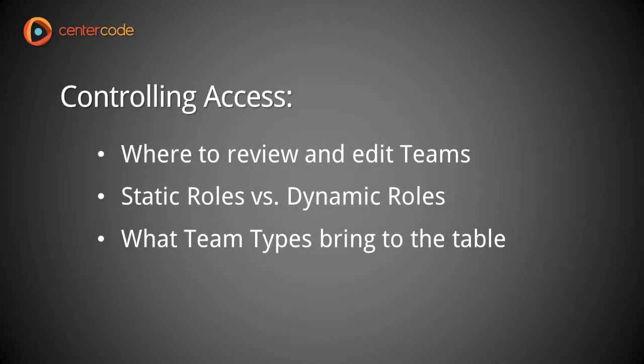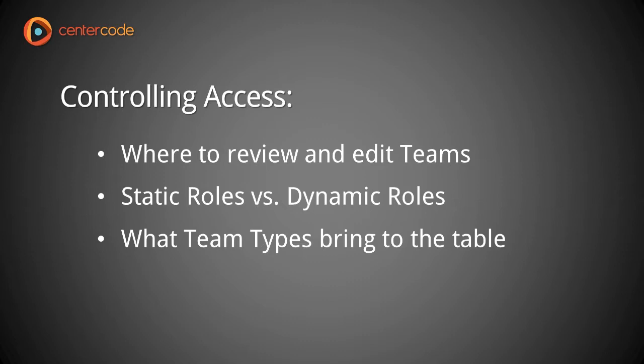First off, we're going to talk about controlling access. The primary source for reviewing and editing your teams is of course the Teams tool within the project tools. From here you'll be able to see a list table of all the teams available to you, and we'll go over actually editing and removing one here shortly. Now roles, being those which grant access to resources or even just the project in general, are each set up either for static items, like accessing the project for your applicants and testers, or accessing reporting for internal members or the project managers.